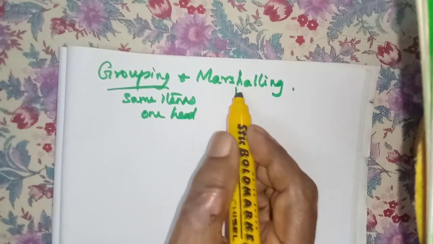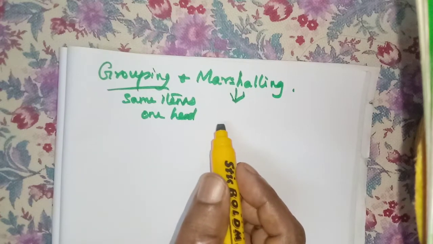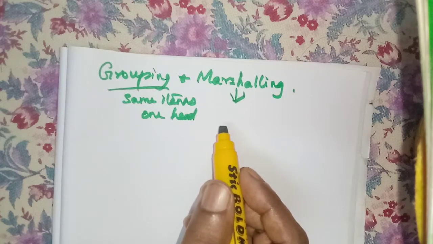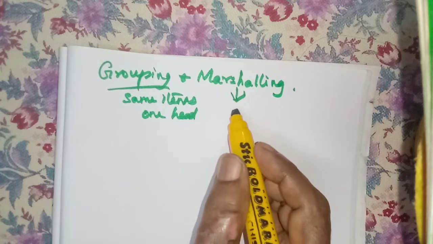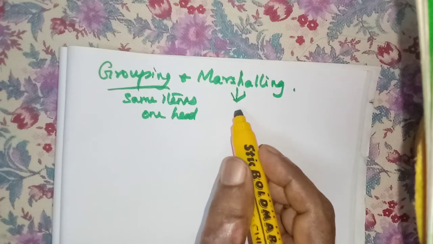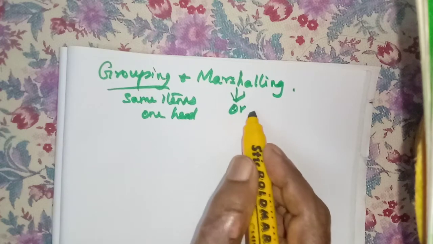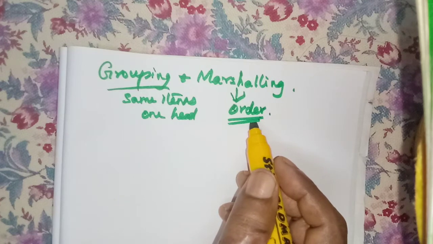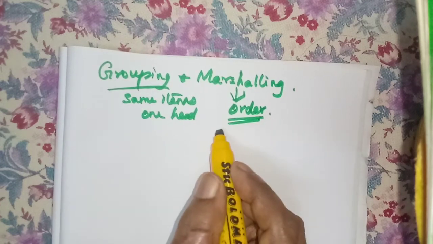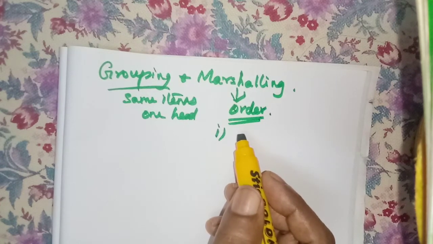Then what is marshalling? What is the meaning of marshalling? It is the arrangement of various assets in a proper order. Assets and liabilities will be written in order. Here this order is again classified into two.